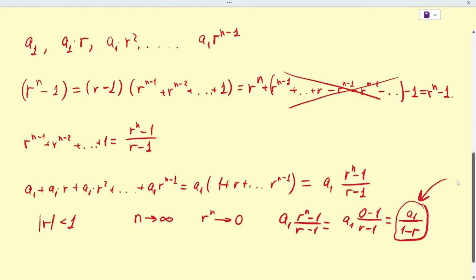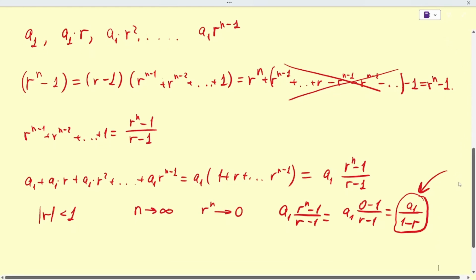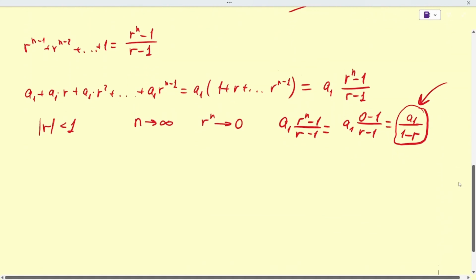Now we will see several applications for arithmetic and geometric series, how to apply these formulas. The first and easiest one about arithmetic series is to compute the sum of the first n values: 1 plus 2 plus and so on, all the way up to n. Here we can see that the first element a1 equals 1 and the common difference d is also 1.